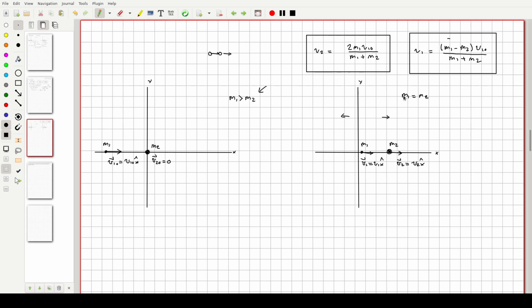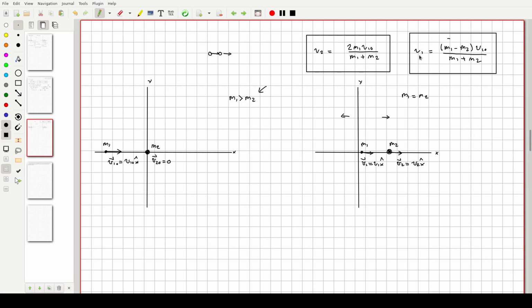If the masses are equal, then let's look at object 2's velocity. M1 equals M2, which means this would be the same thing as 2M1. You'd have 2M1 on the bottom and a 2M1 on the top. They cancel, and that means object 2's velocity would be the same as object 1's initial velocity. But look at what happens to V1. The masses are the same, so when you do the subtraction, you get 0.